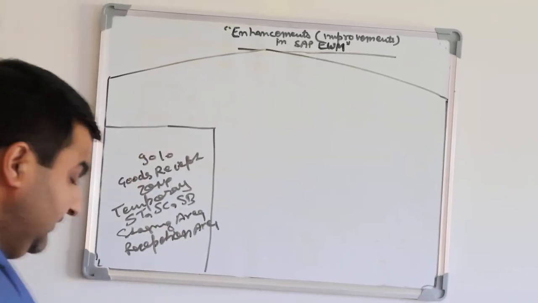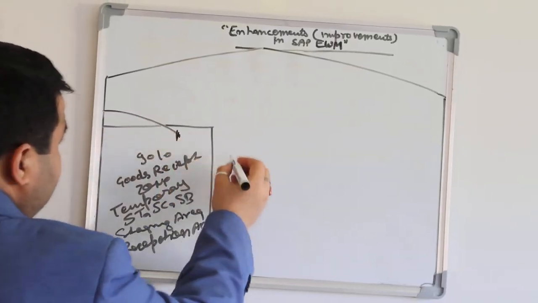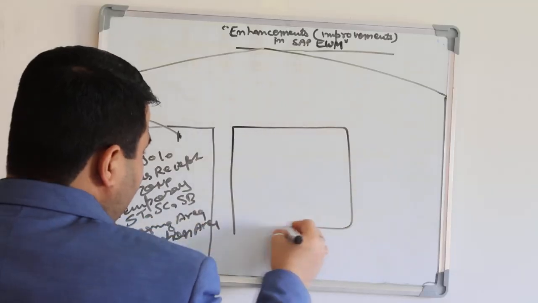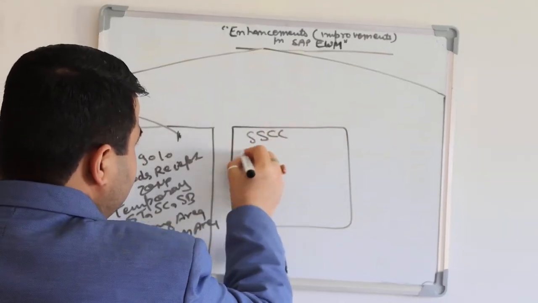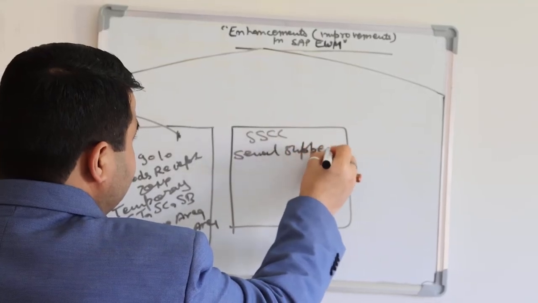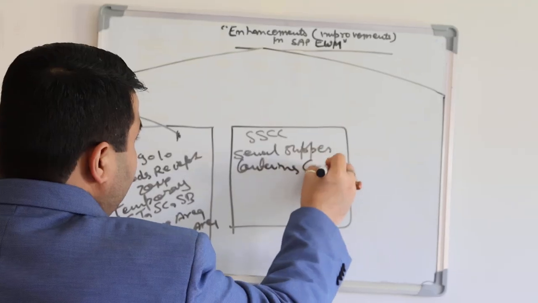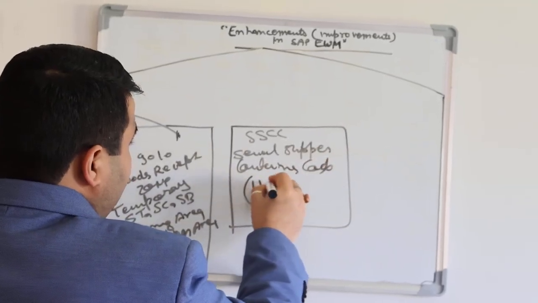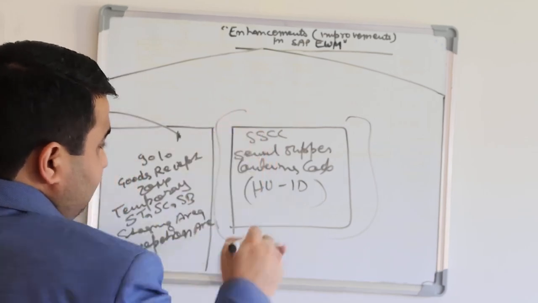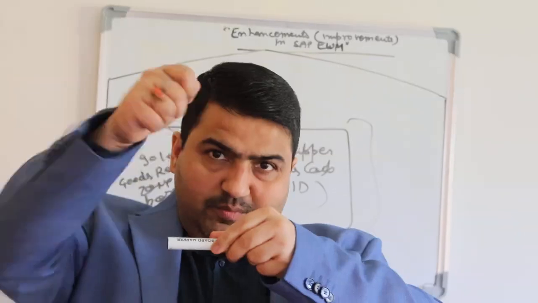So when we receive the product in our warehouse, we receive it like this: HU and SSCC, the serial shipping container code, which is nothing but a HUID, because this is a container. A box is nothing but a container. If you buy new shoes, you open the box.